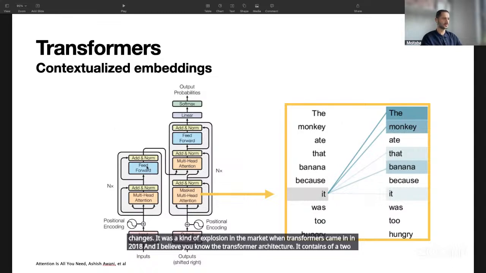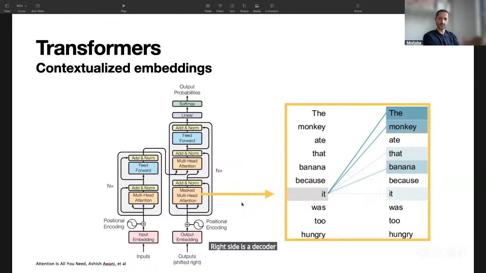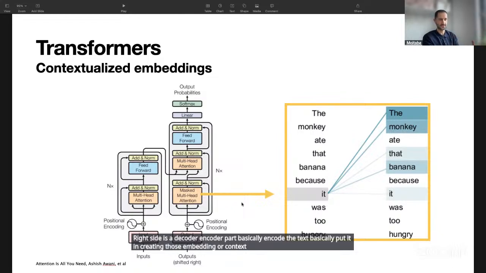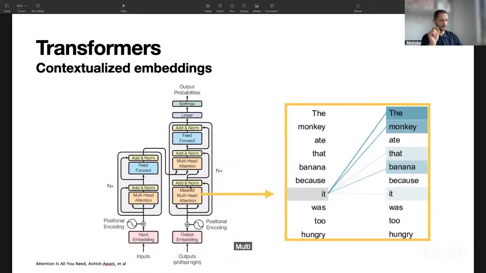On the left side you see the encoder, on the right side is the decoder. The encoder part basically encodes the text, creating those embeddings, or contextualized embeddings. And the decoder part can do prediction for you. The essential component of the transformer is multi-head attention.